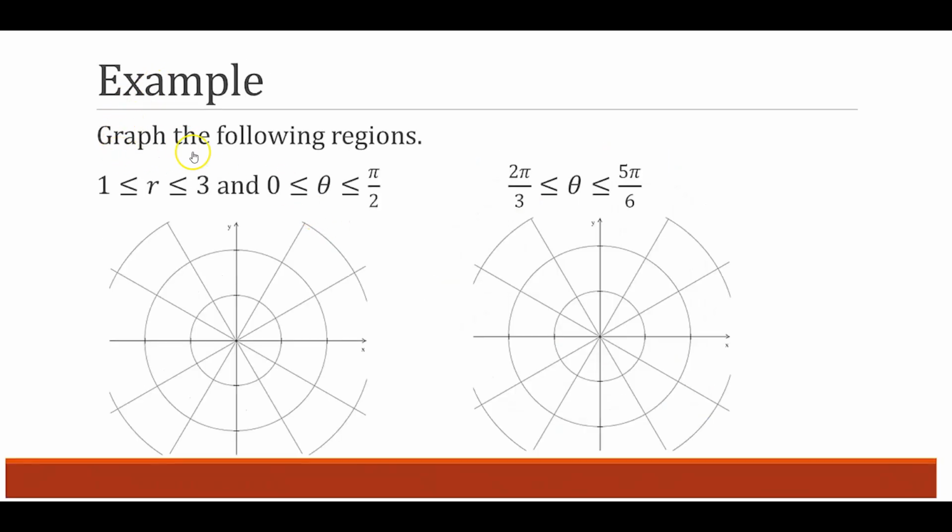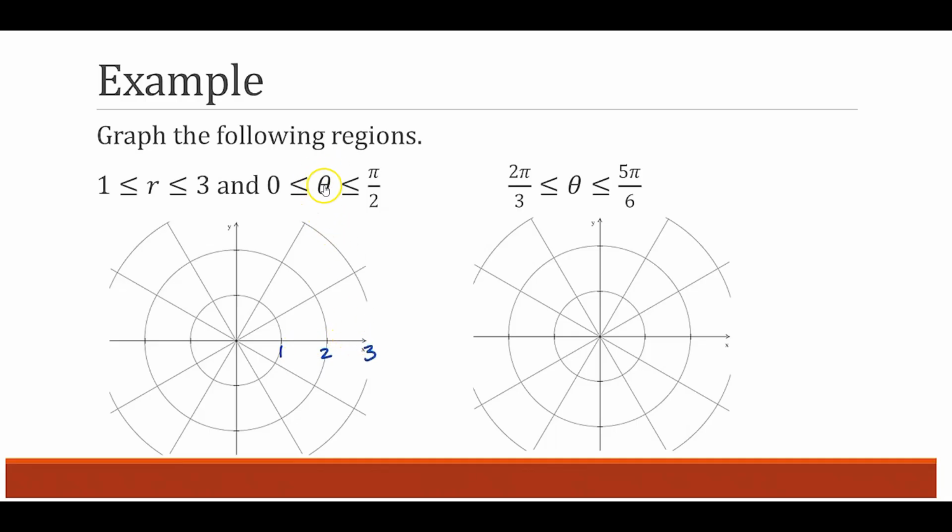In this example, we're going to graph the following regions based on our previous examples and our understanding of these polar coordinates and polar values. So here, this region says that the R values are always between 1 and 3. So here we have 1, 2, 3 labeled on our polar axis, so we're always going to be between 1 and 3 in our R values.